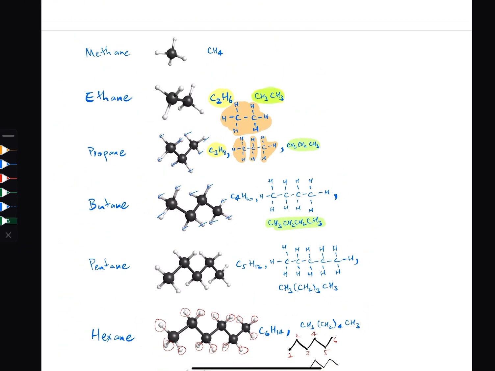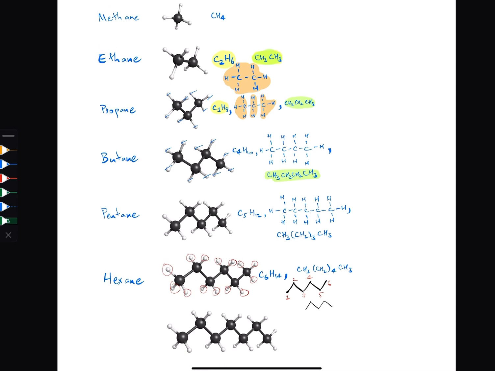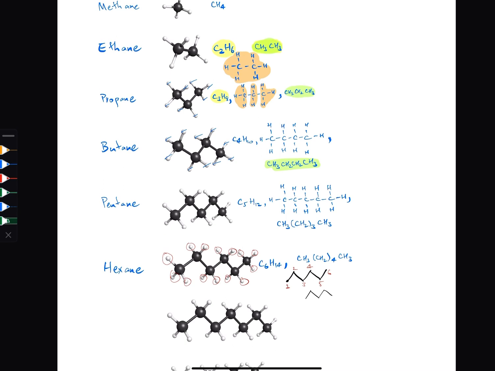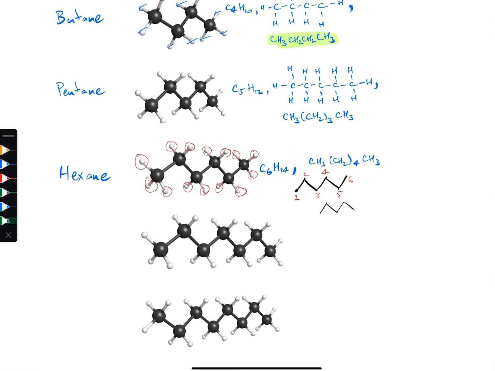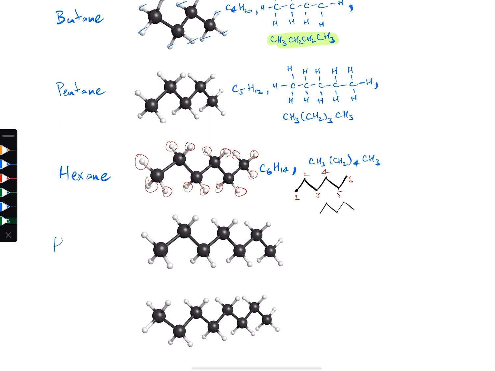1 carbon methane, 2 carbons ethane, 3 carbons propane, 4 carbons butane, 5 carbons pentane, 6 carbons hexane, 7 carbons is called heptane, as in the heptathlon. Okay.